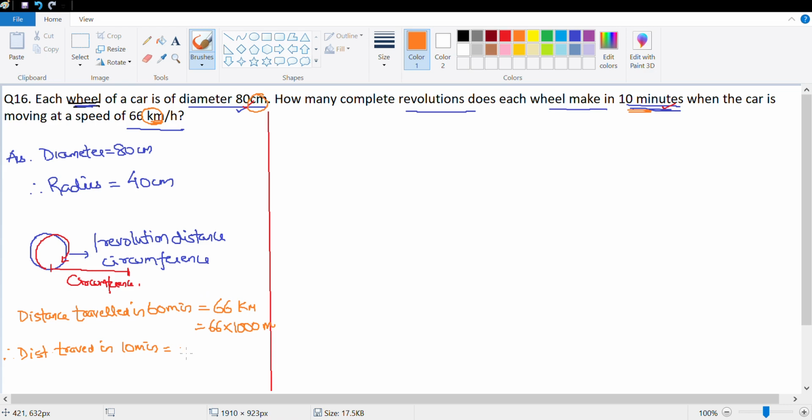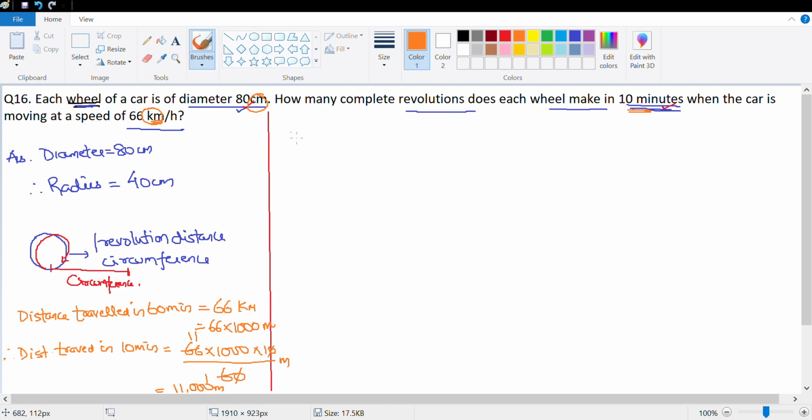So in this case, 10 minutes will be 66 into 1000 into 10 upon 60 meter, which means 11,000 meter. This is nothing but speed is equal to distance upon time. So it will travel a distance of 11,000 meter in 10 minutes.